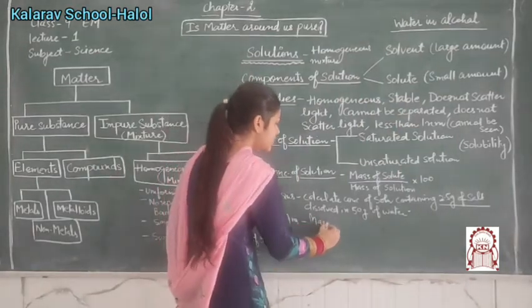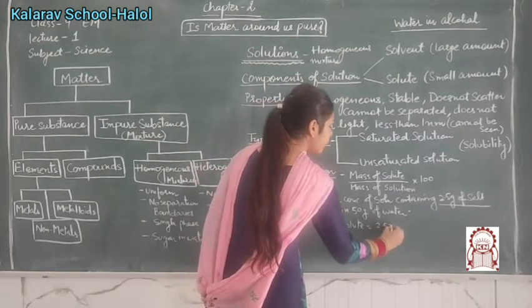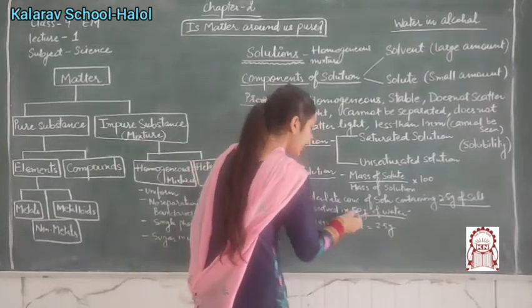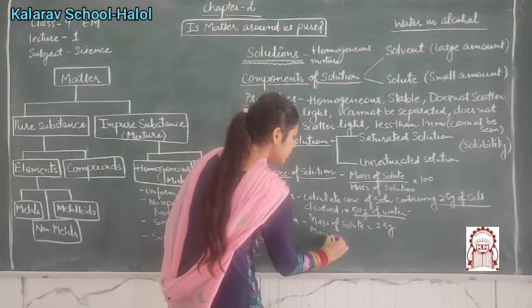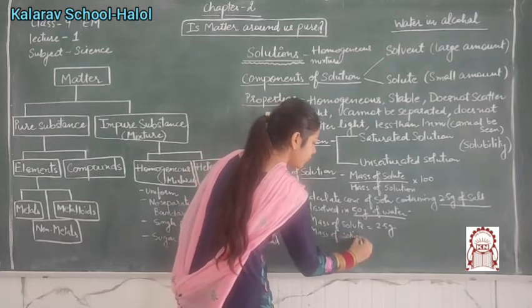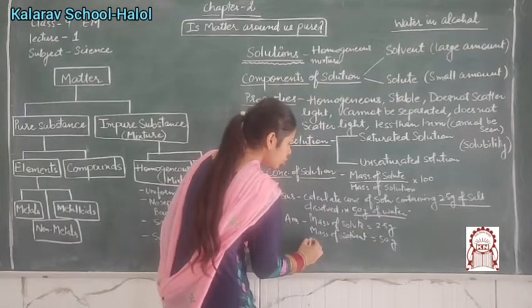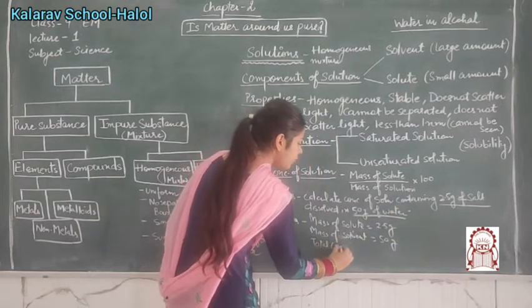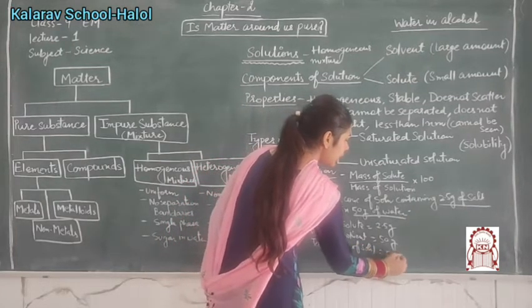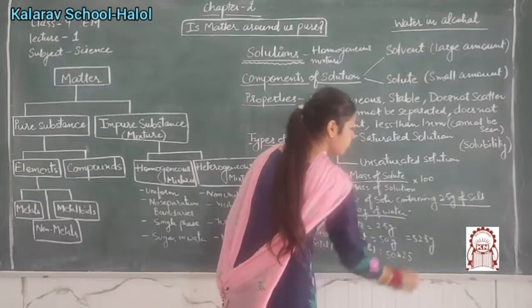Next, 50 gram of water is the mass of solvent. So the total mass of solution is 50 plus 2.5, that is 52.5 gram.